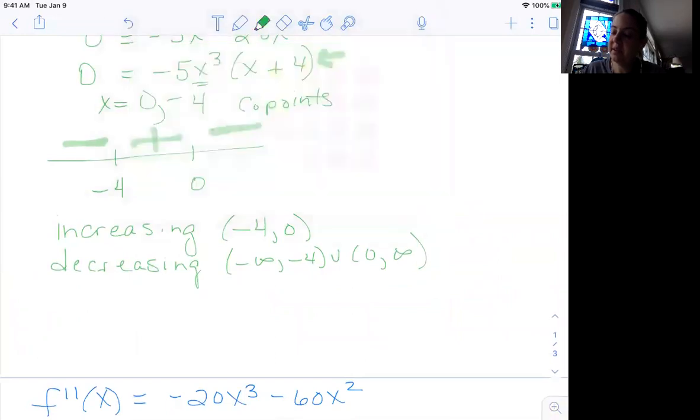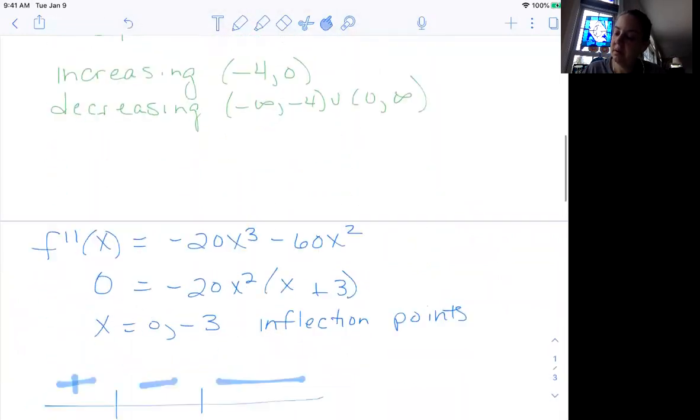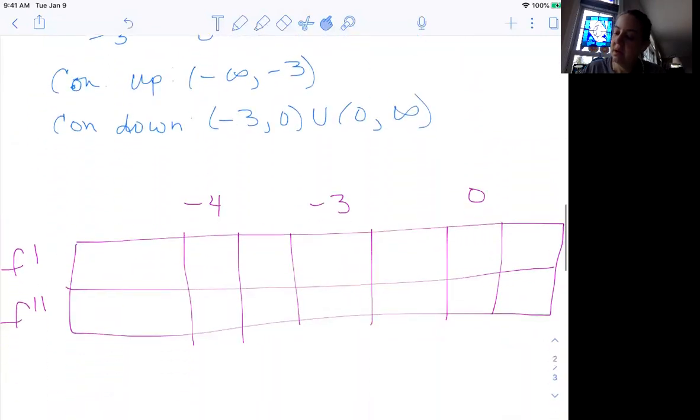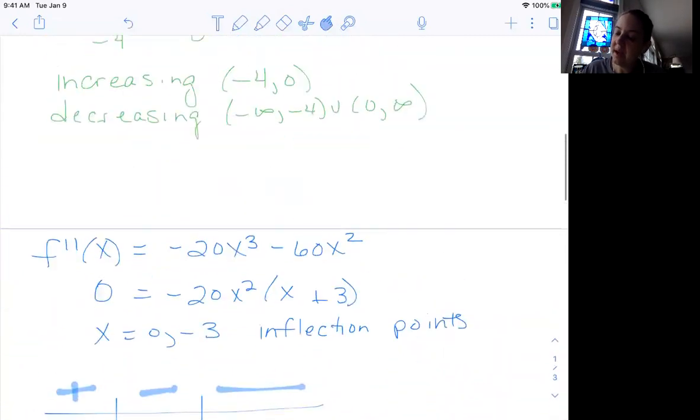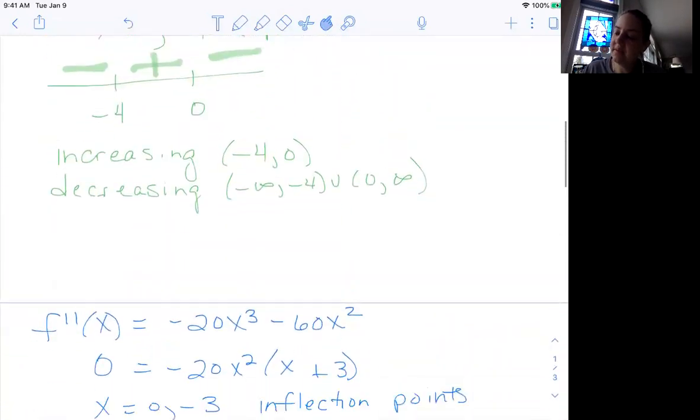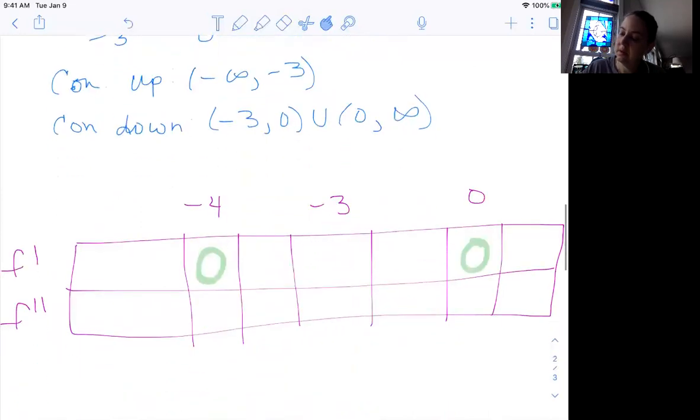So that's what I'm going to fill into my table. Negative 4 and 0 were my critical points. So those had a value of 0. The first derivative had a value of 0. And then by my number line, it went negative, positive, negative. Negative, positive, all those positives for all those boxes, and a negative.